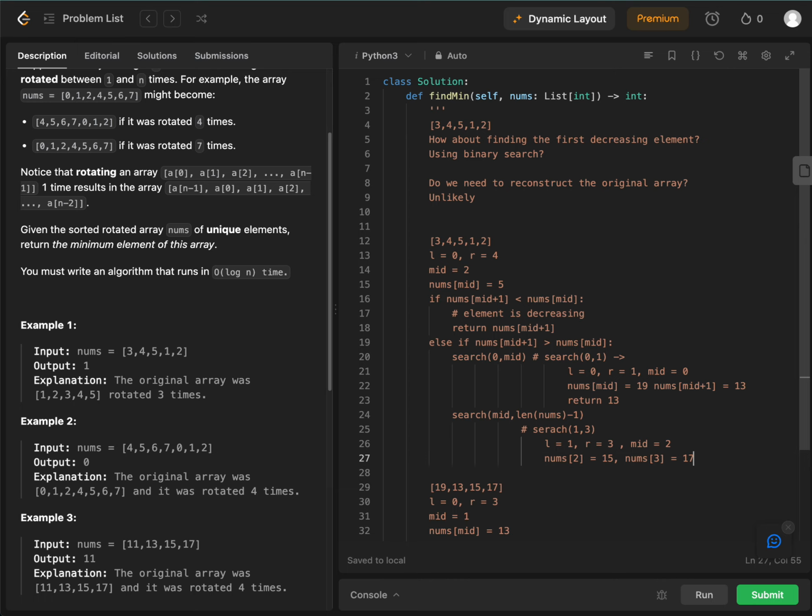Essentially, we want to conduct binary search on each part of the array to find the first decreasing element. Yep, this should be the general idea for this question. Without further ado, let's just hold on. Search mid to length of nums minus 1, search 1, 3.